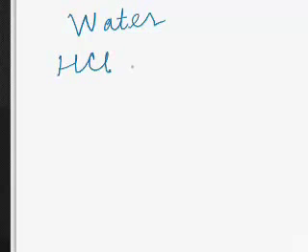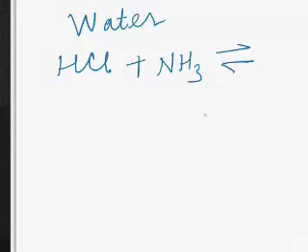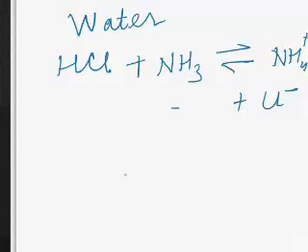HCl is reacting with NH3, reversible reaction sign, NH4 positive and Cl negative. Here in this reaction, hydrogen chloride gas reacts with ammonia to give ammonium chloride. HCl donates one proton to become Cl negative and NH3 accepts a proton to become NH4 positive.